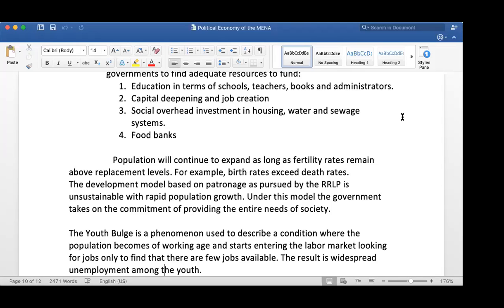So you can see that in 2010, the unemployment rate in the MENA region as a whole was about 17.6% for female and 7.8% for male. These were the unemployment rates in 2010. And you also have female and male labor force participation rates.